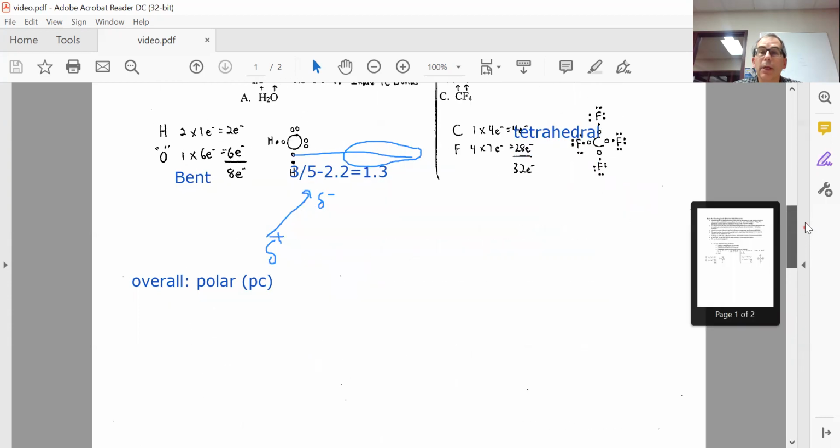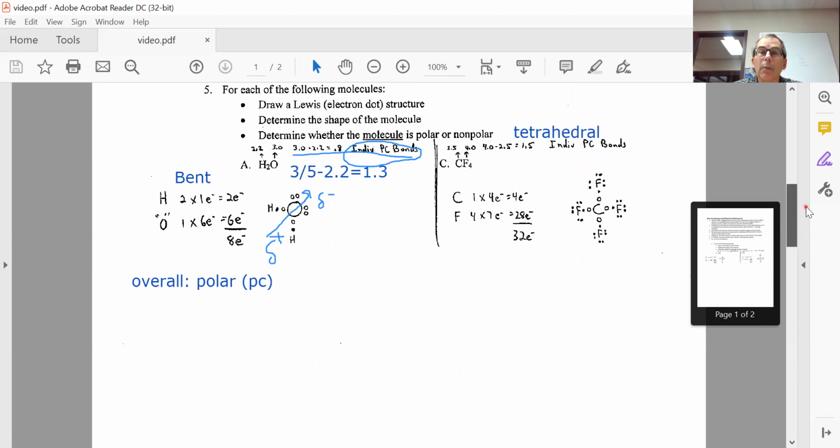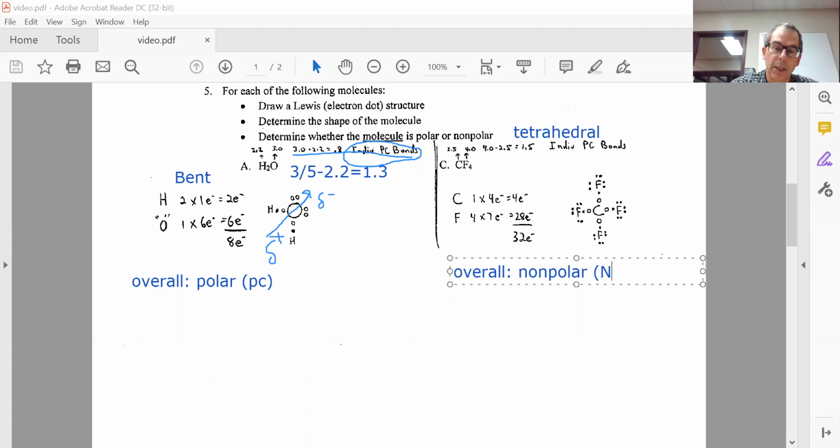Just going to draw this in over here, and I'm going to say these individual bonds are polar covalent, but overall, it's going to be non-polar, or you could say NPC.